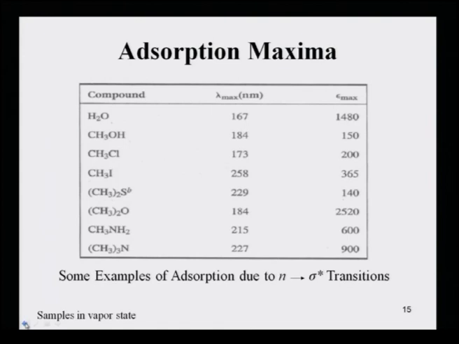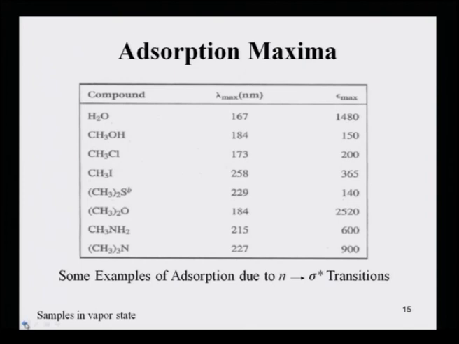Similarly, methylene chloride shows a lambda max at 173 and a molar absorptivity of 200. Iodomethane shows a lambda max at 258 and a molar absorptivity of 365, and so on.